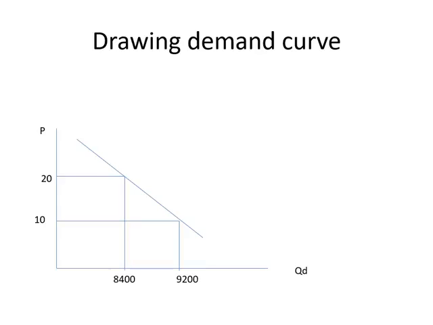And then at P equals 20, the value of QD is 8,400. And then we are going to connect the 2 points. Here we get demand curve. Okay, I think it's simple for you. If there is one student who wants to substitute with different prices instead of 10 or 20, you could put 2, 3, 4, any numbers, and then you will calculate QD using the demand function.